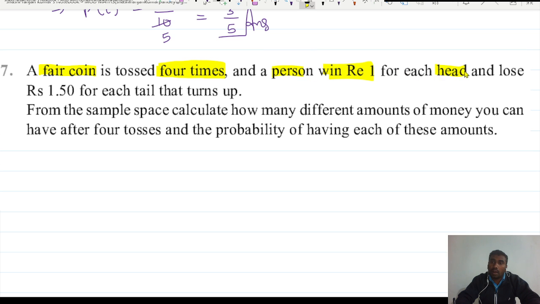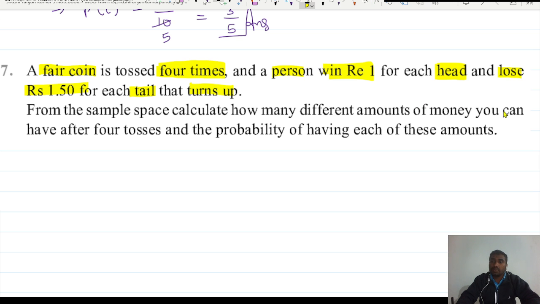So if the outcome is a head, then the person will win 1 rupee. Okay. And loses 1.5 rupees for each tail that turns up. So this is the situation. Okay. Now from the sample space, calculate how many different amounts of money you can have after the 4 tosses.